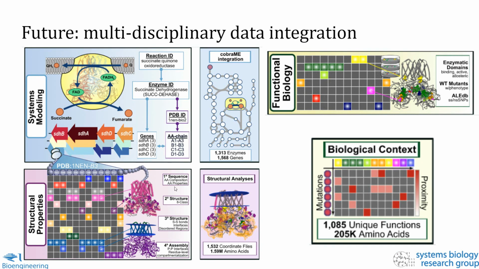In the second box, the purple box, all the structural properties for a given structure have been calculated. This includes basic amino acid properties from the primary sequence all the way to the quaternary structure, mapping genes to their quaternary protein structure rather than their tertiary structure as did previous GEM-PROs. Properties such as membrane integration and protein-protein interfaces can be mapped. Lastly, all functional annotations were mapped to each protein.